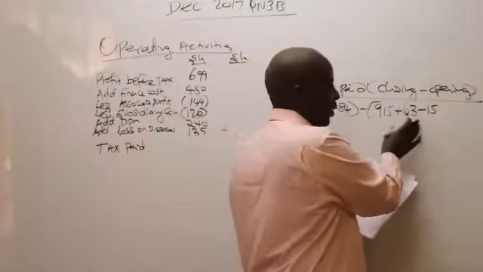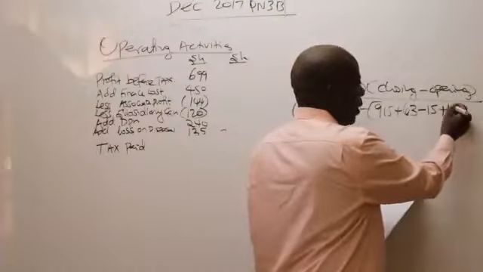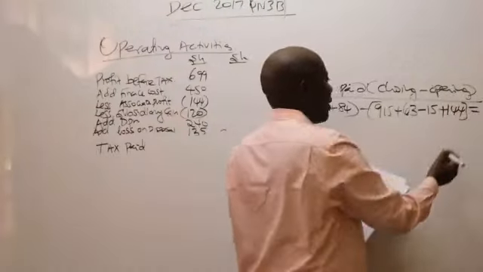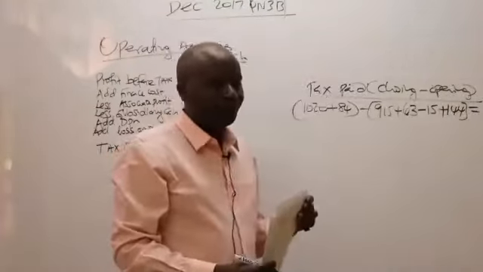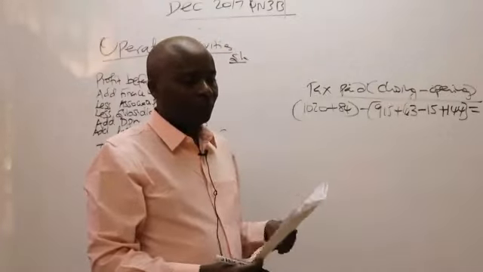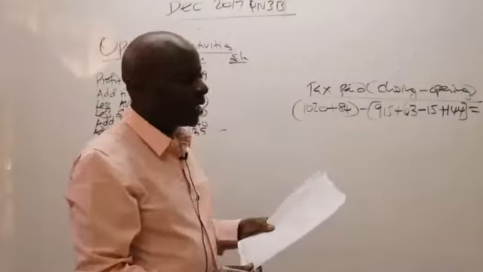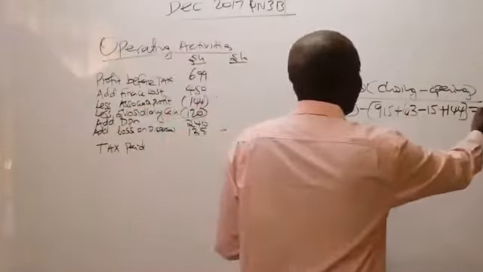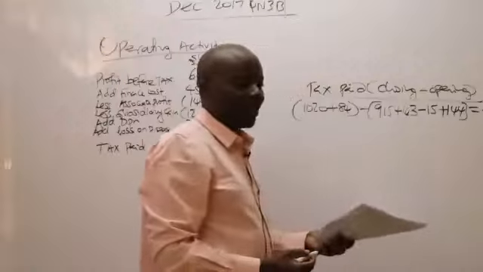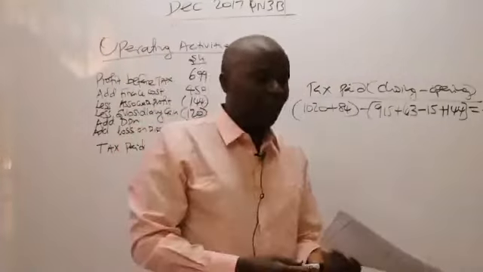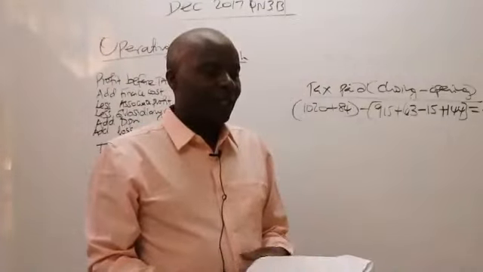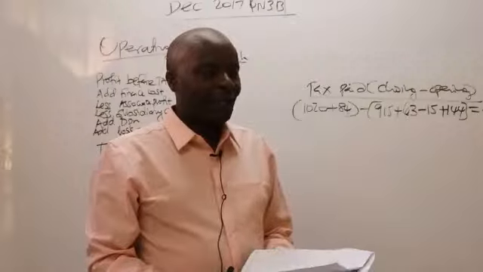So of course this is increasing this opening. So plus 144. Tell me, what will the final answer be somebody? Negative 3. So the tax paid is negative 3.